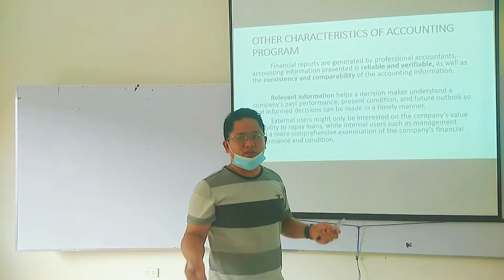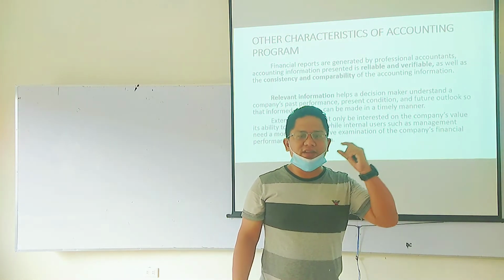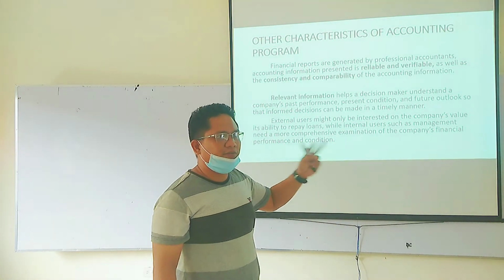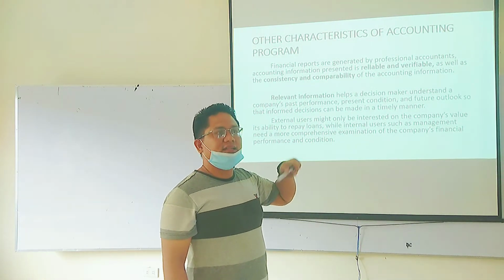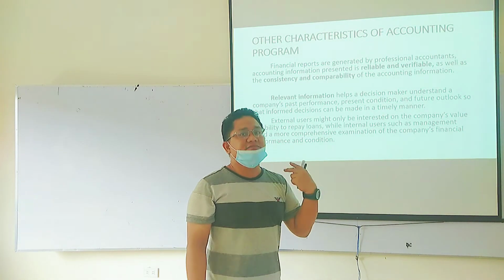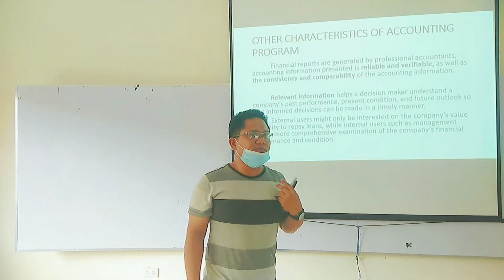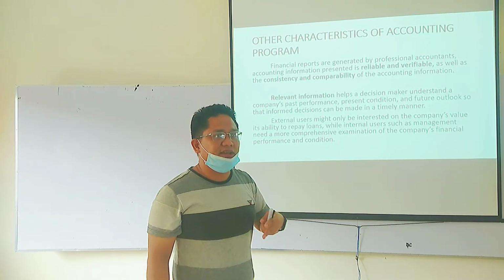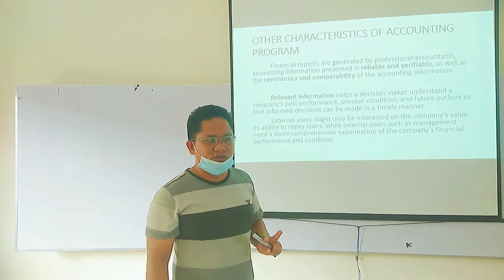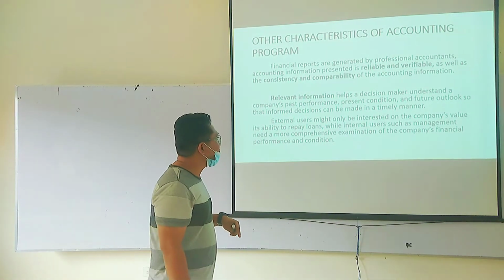Verifiable also. Actually, they are interrelated. The reliability of the information is increased when it is verifiable. If you purchased, for example, equipment for 50,000 and I verified in your accounting records that it is 50,000, that makes the information verifiable. After I verify, the reliability of the information presented also increases. That's why they are interrelated.